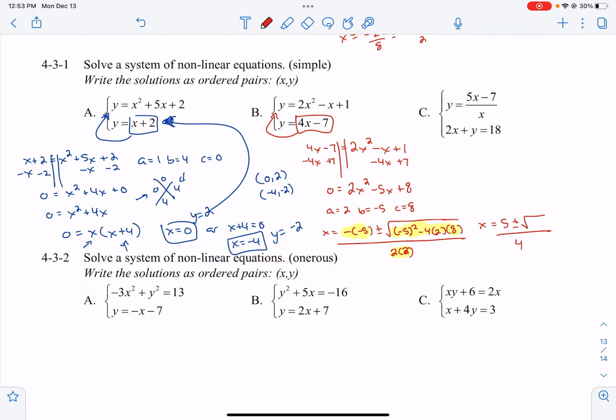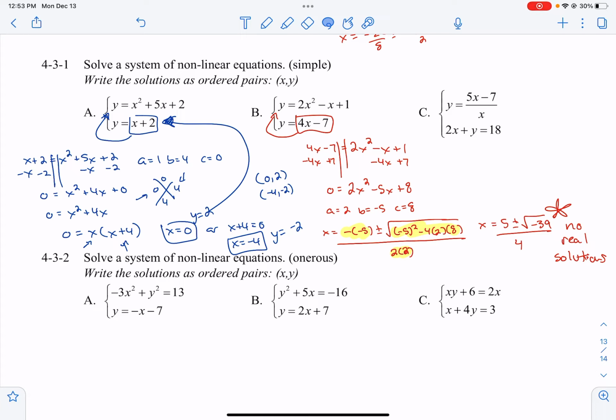So -5 squared is 25, but I'm going to minus 64. So I'm going to end up with -39 under my square root, which becomes a problem. We can't have the square root of a negative. So that means I have no real solutions to this problem. So your answer for that one would be no real solutions.